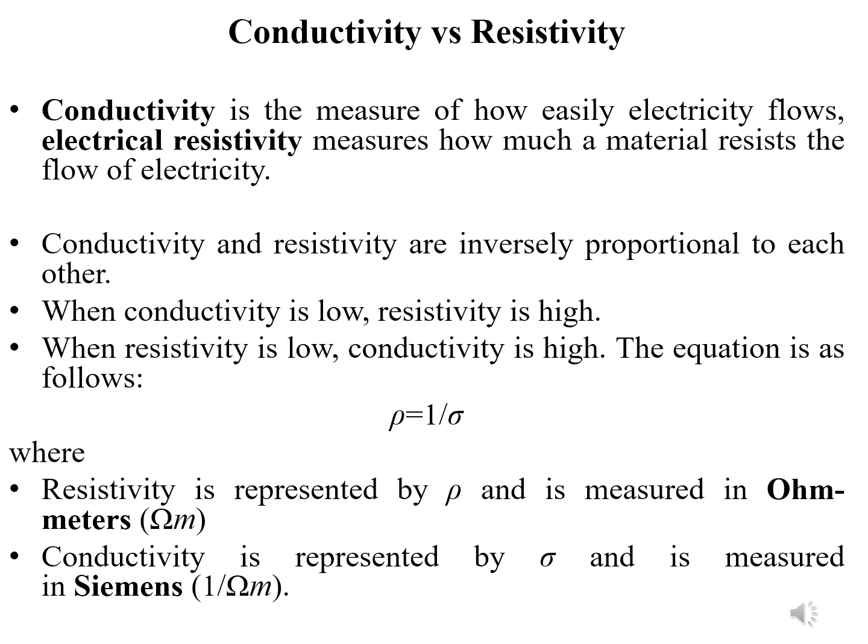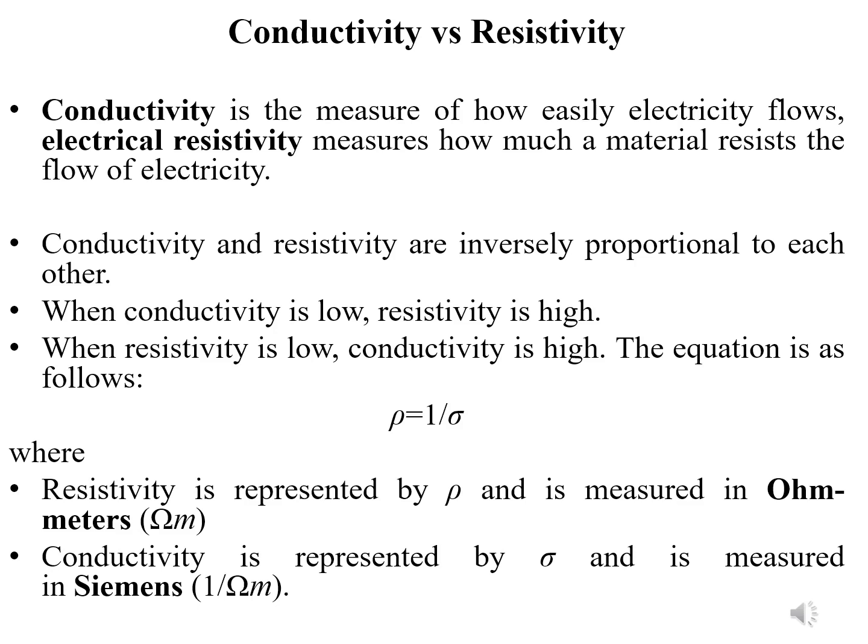Before going to the discussion about conductors and other types, first we should know a few basic and important terms, that are conductivity and resistivity. So what is conductivity? Conductivity is a measure of how easily electricity can flow through any material.